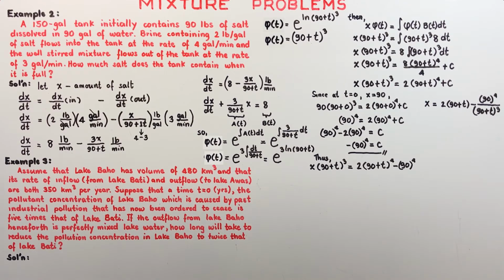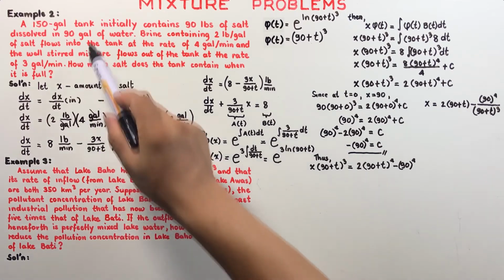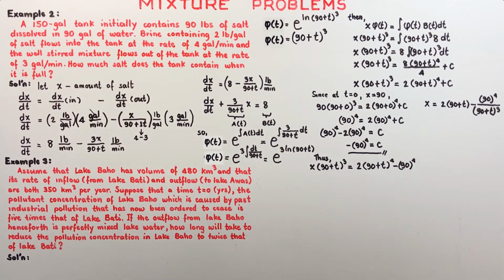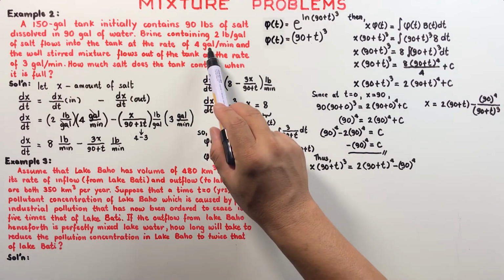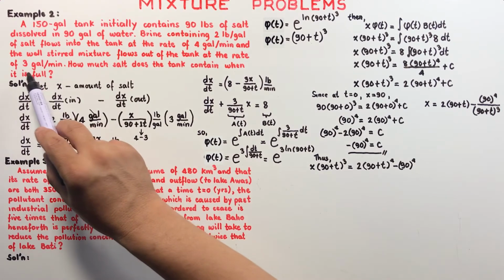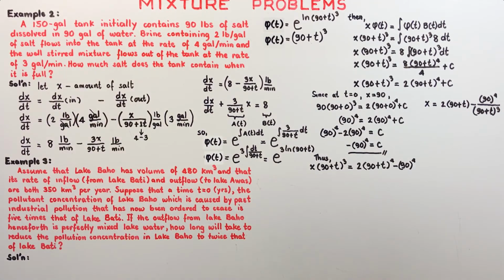Now take note that the full capacity of the tank is only 150 gallons, and we know that the initial amount of water inside the tank was 90. So there is an empty space of 60 gallons there. But 60 gallons can be achieved in just 60 minutes because there is a gain of 1 gallon per minute due to the inflow rate of 4 gallons per minute minus the outflow rate, which is 3 gallons per minute.